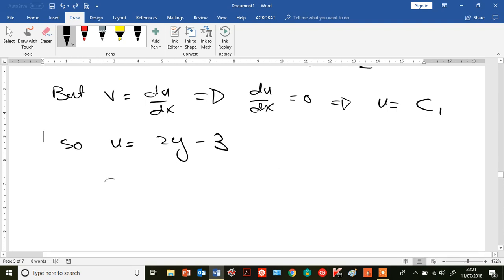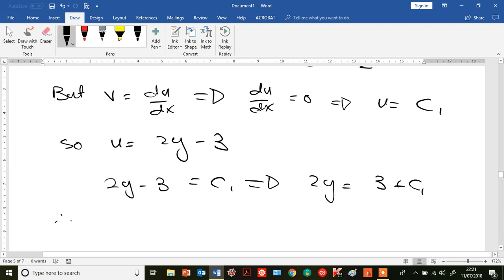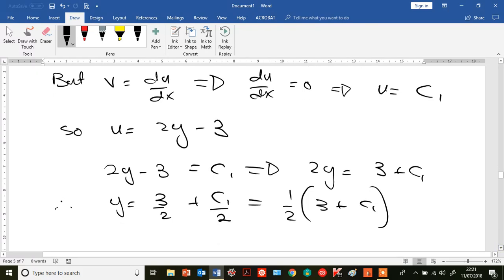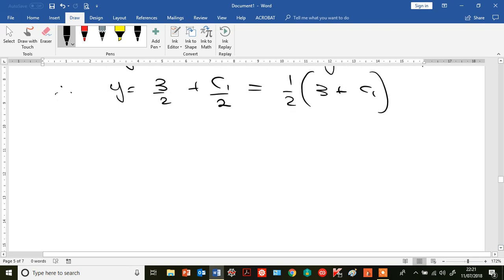So therefore, 2y minus 3 equals c1, which implies that 2y equals 3 plus c1. And therefore, y equals 3 over 2 plus c1 over 2. And of course, we can factor out the half, 3 plus c1. And that, as I said before, is a special case of the general solution.